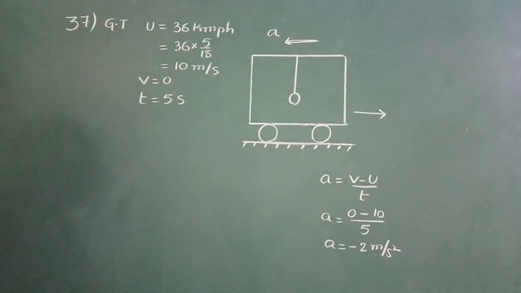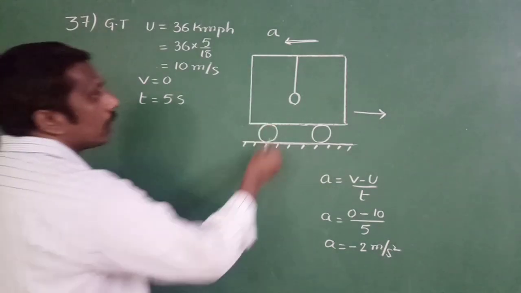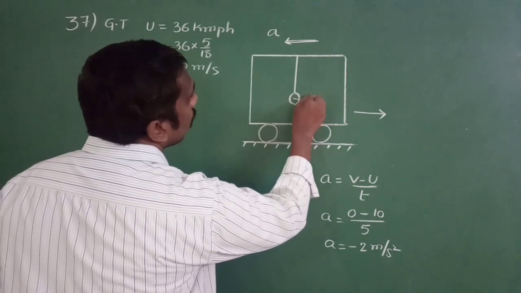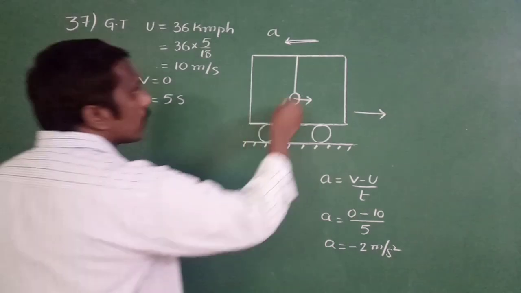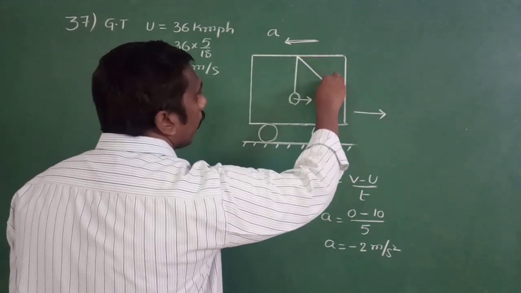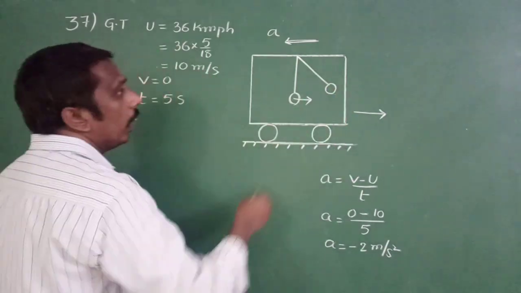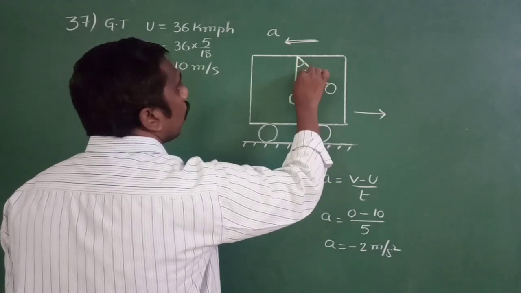Whenever an object is in a non-inertial frame, and non-inertial means accelerating frames are non-inertial, this ball is in a non-inertial frame. That's why on this ball, the pseudo force will act in the direction opposite to the acceleration of the non-inertial frame. Because of this force, the string makes an angle theta with the vertical, and the ball comes like this.